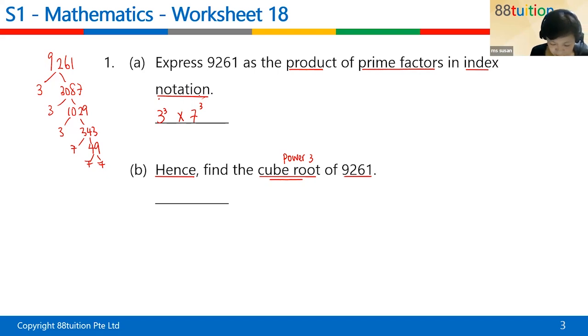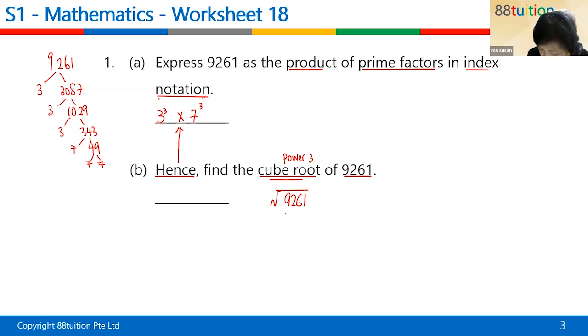Now, the word hence for part B, hence means what? Using what you have attained. You have gotten your 3 to the power of 3 times 7 to the power of 3. Hence, find the cube root of 9261. So let's take a look.